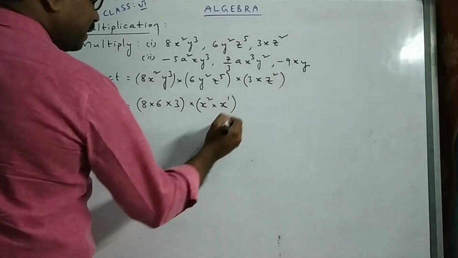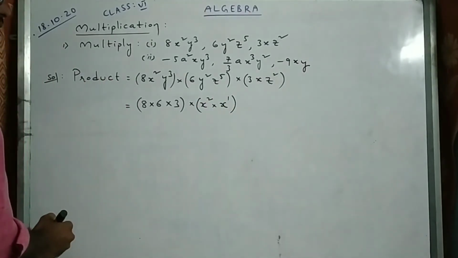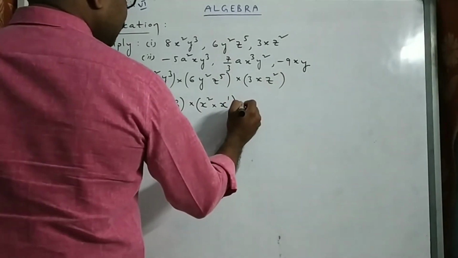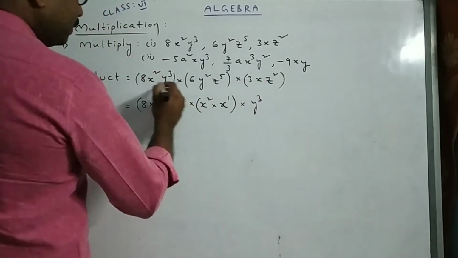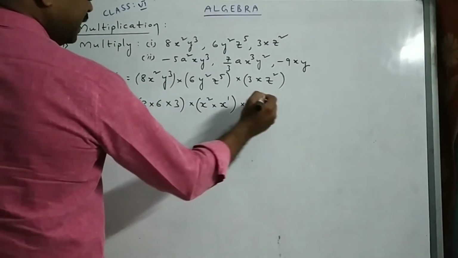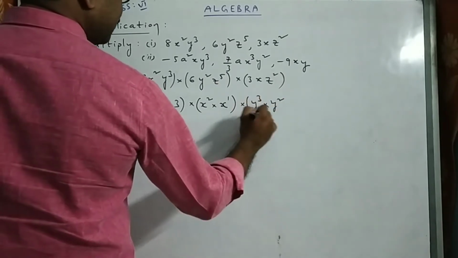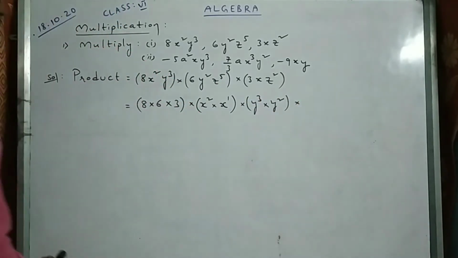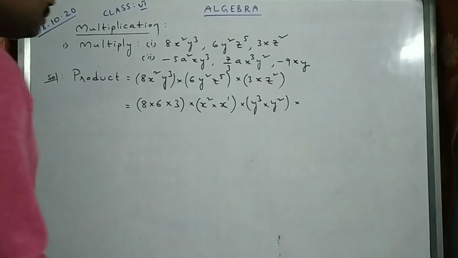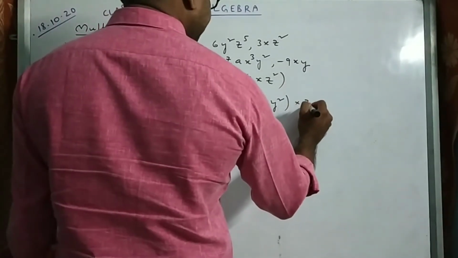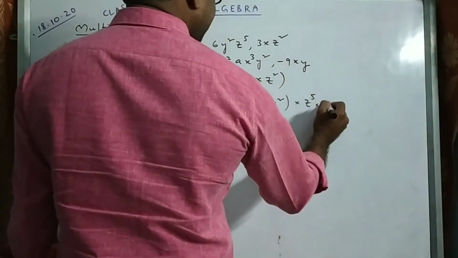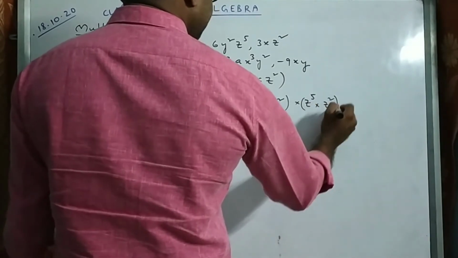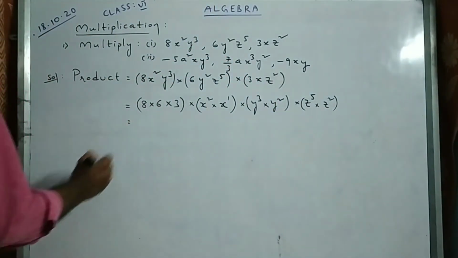If there is no power, we will consider it as 1. Next, y cube into y square, into z terms, how many do we have? Z power 5, z square. Okay.